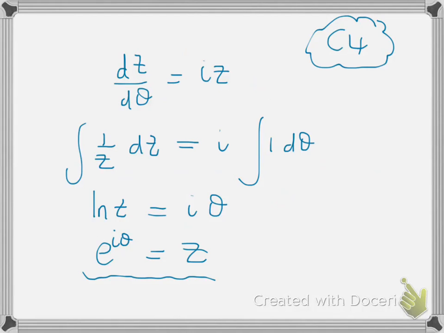So there we've proved that a complex number, z, which is of the form cos theta plus i sine theta, must be equal to the exponential form e to the i theta. So e to the i theta is equal to z.